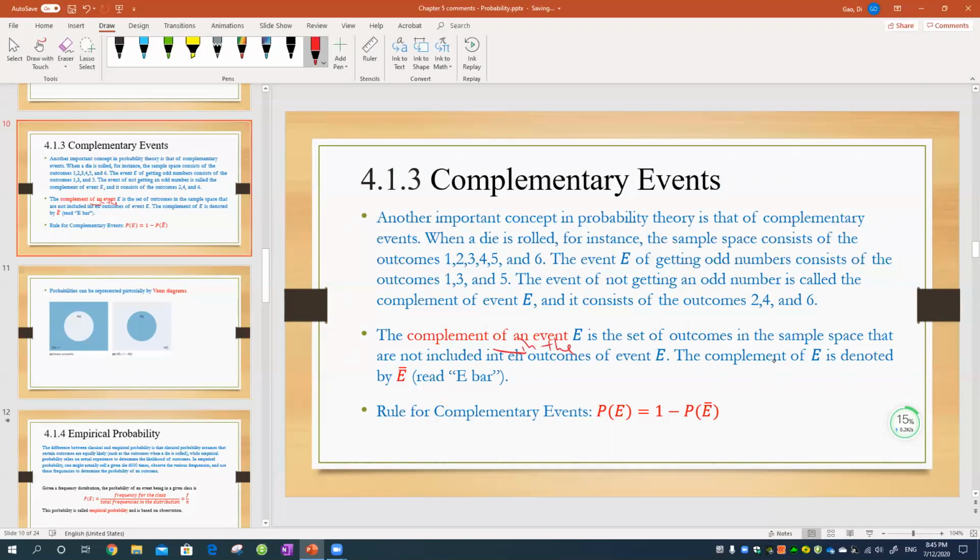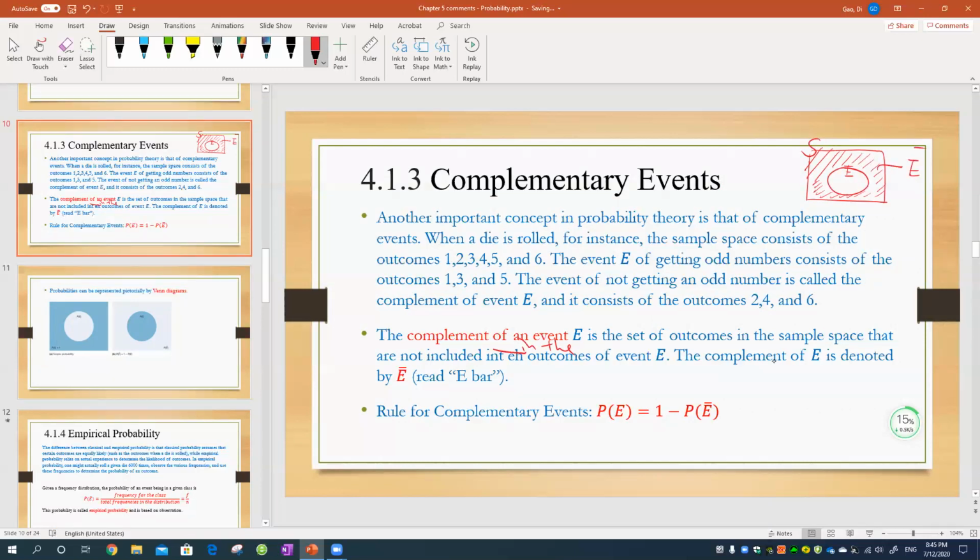So let's say this square is the sample space, and then we use a circle to represent event E. So this empty circle is event E. Everything in the shaded area we say is not in E, but still in the sample space. Then the shaded area is E bar.